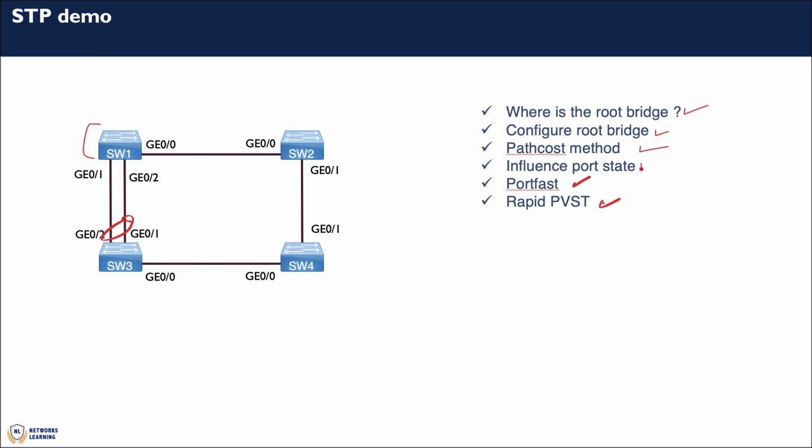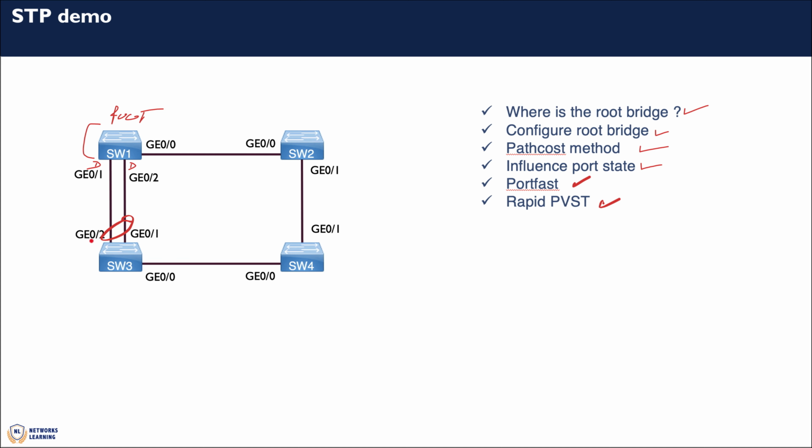So the next task is to look at how to influence the port states. Between switch 1 and switch 3, we have some sort of loop because we have 2 links connecting these 2 switches. We have our root as switch 1. This would be my designated port and a designated port.